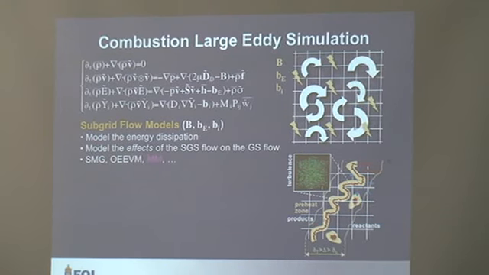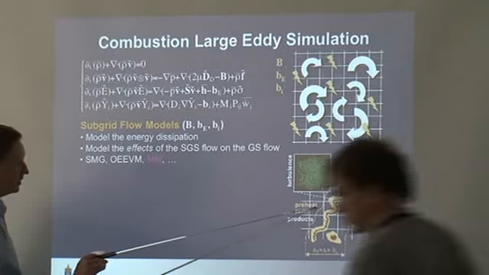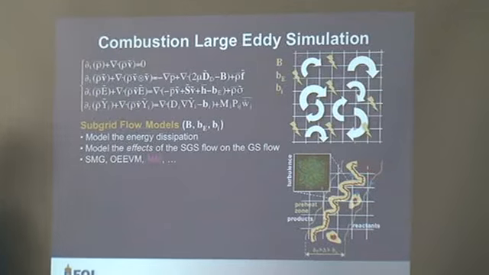That's the general situation. The main flame brush, however, these lines out here, has to be resolved well on the LES grid. So that's the kind of scenario that we're looking at.